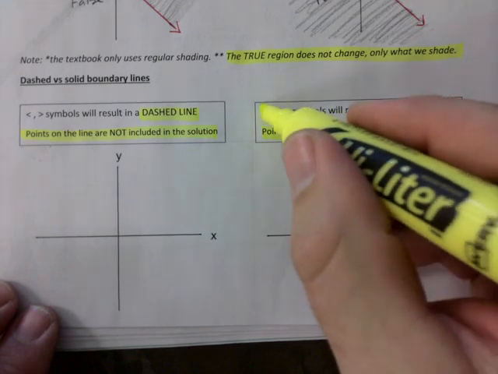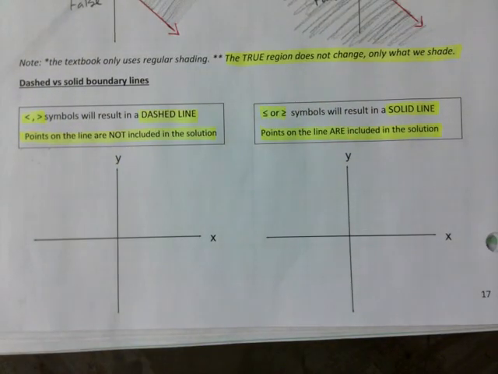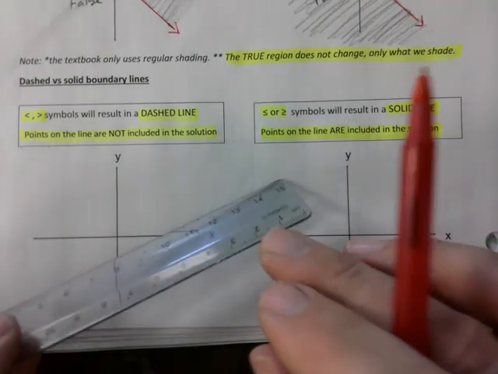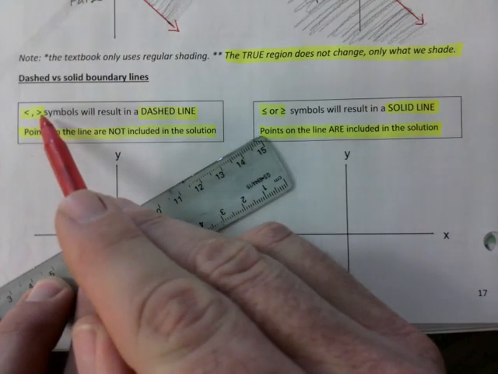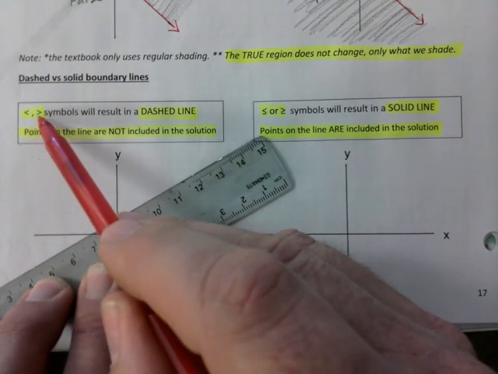I don't know if you want to highlight those symbols. There we go. So let's make this look different, not like the one above. We're going to make this go up. So let's imagine you're trying to graph your inequality, and then you realize, oh, I don't have the equal sign.